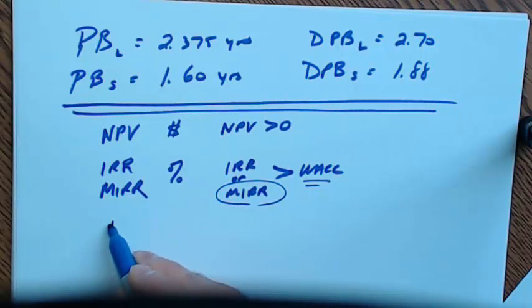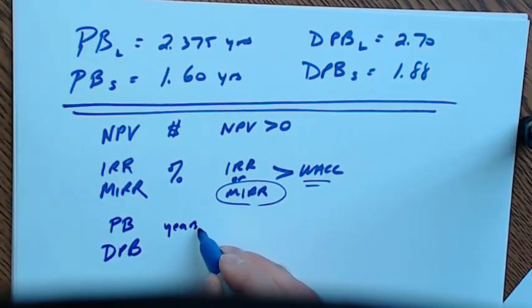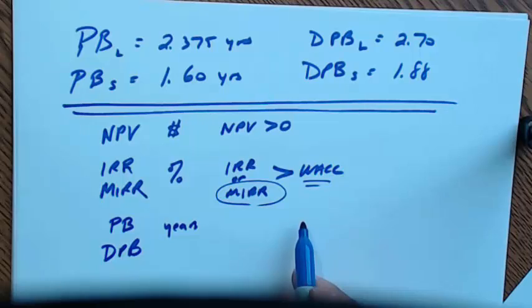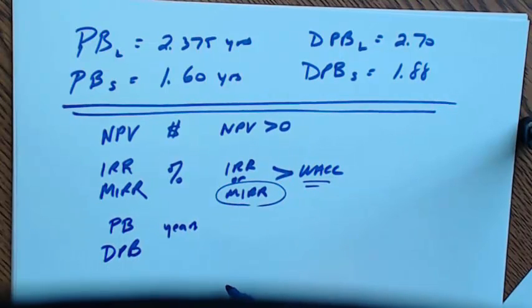Then the last things we covered were payback and discounted payback, and those were measured in years. And we said that we want projects that pay back as fast as possible. So we want these payback and discounted payback to be as low as possible. They're the better projects, the lowest possible.